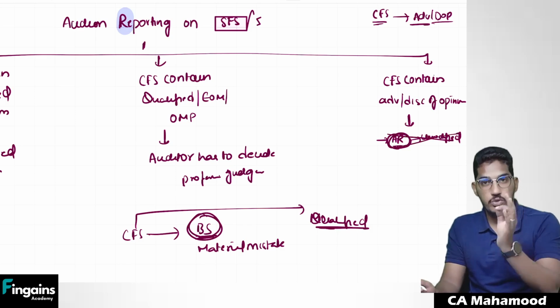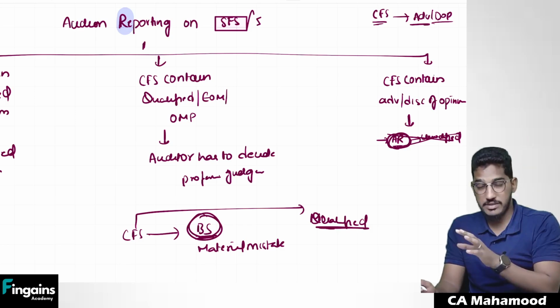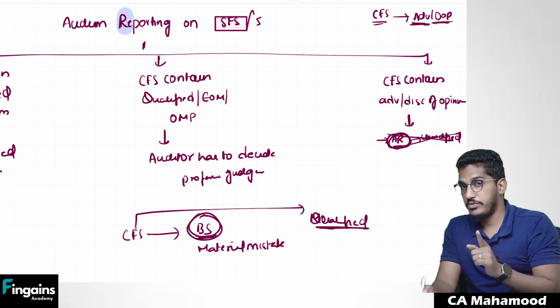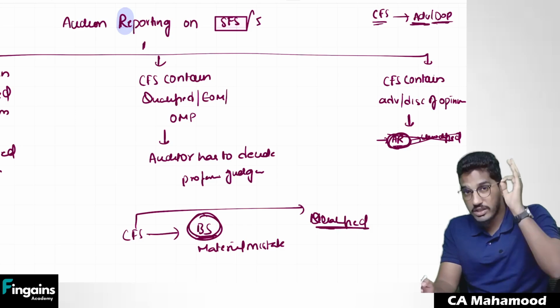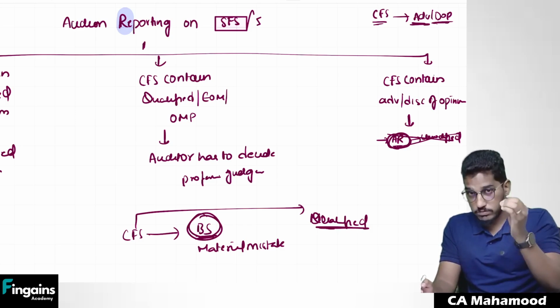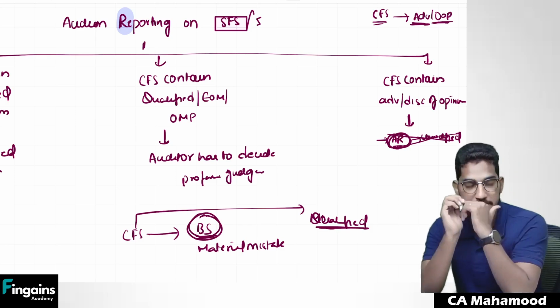If the audit report on the complete set of financial statements contains either an adverse opinion or a disclaimer of opinion, you are not permitted to give an unmodified opinion in your audit report on a single financial statement or a specific element of the financial statement.